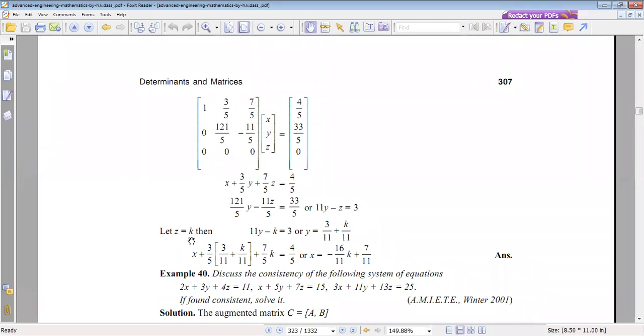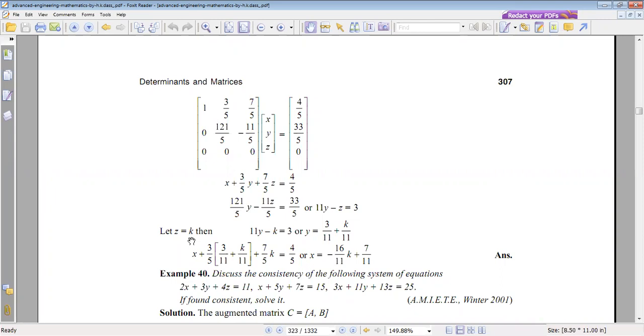That means we can take infinite values of k, and for that infinite values of k, we get infinite sets of solutions.